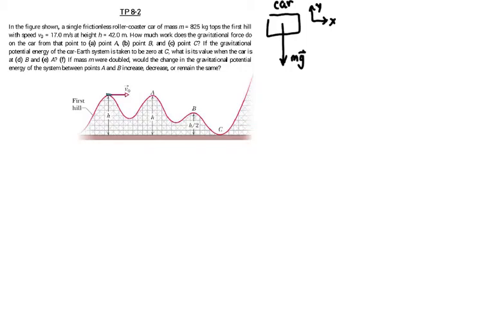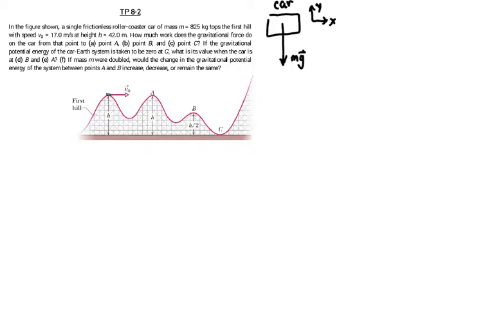Well, it actually points towards the center of the Earth, but in our case it happens to be in the negative y direction, according to my axes. So the work done by a gravitational force is only non-zero when we have a displacement in the, you guessed it, y direction.